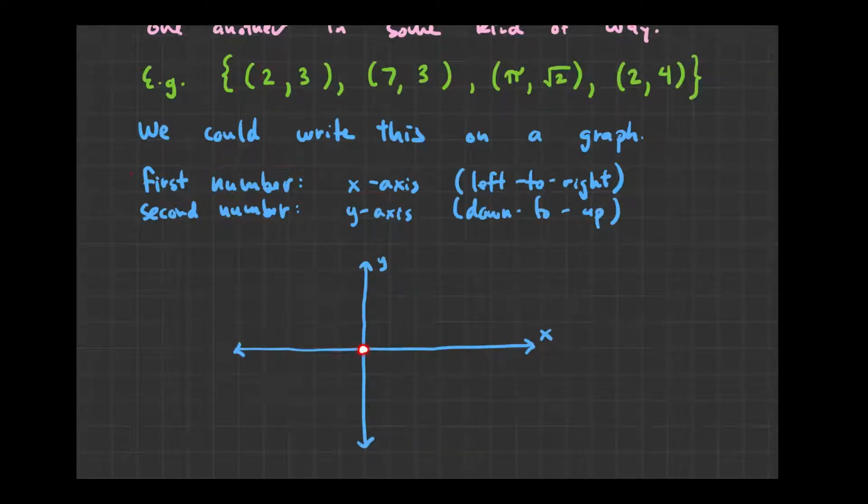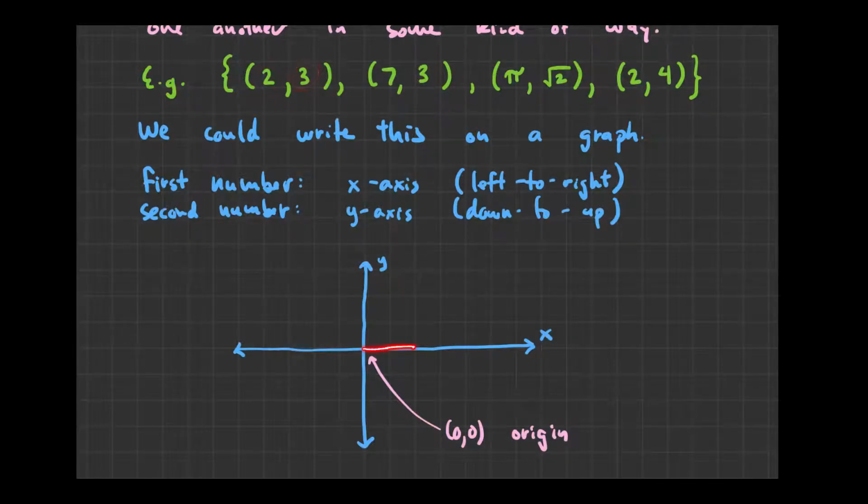Does anyone know what we like to call this sort of meeting of the axes? Yeah, I like to call this the origin. So just by the way, this point here, 0, 0 is the origin. Just as some vocabulary for you. Anyway, so we're going to start off at the origin, and then we're going to move over 2 to the right, and then 3 up.